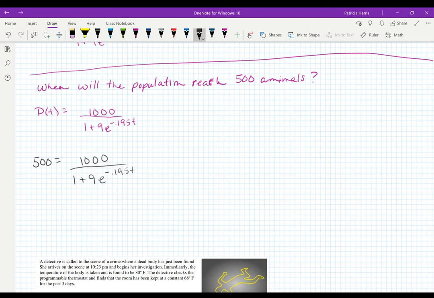First off, I'm going to cross multiply. Now I'm going to go ahead and divide because 1,000 divided by 500 is just 2. So I'm going to do that. Let's go up here.